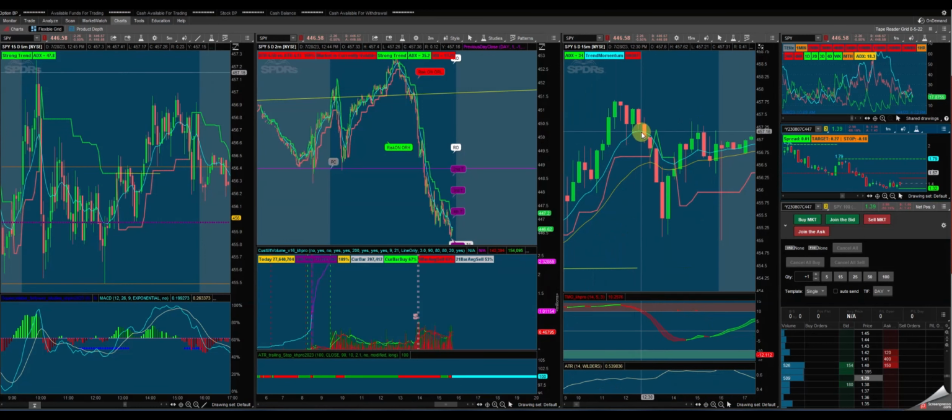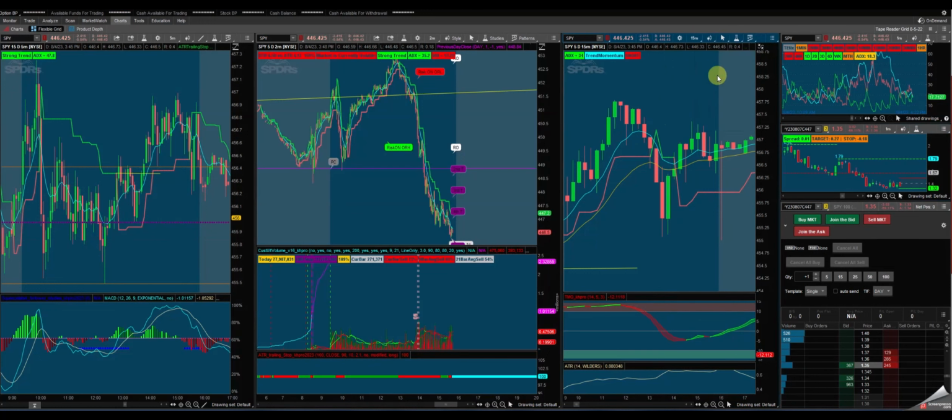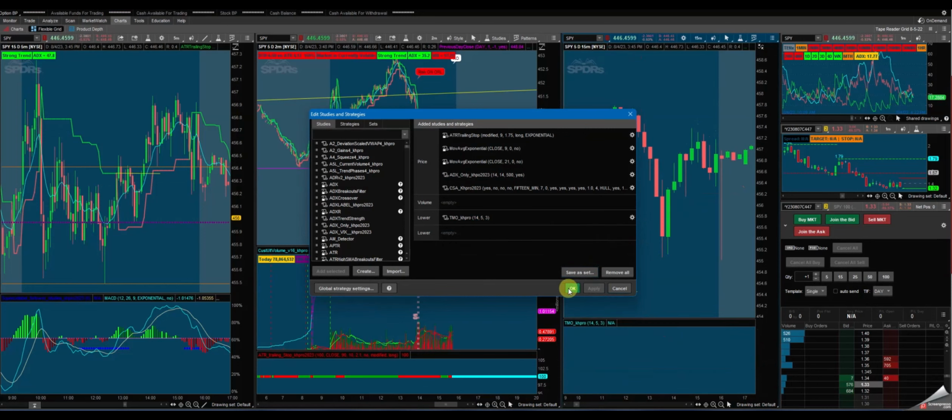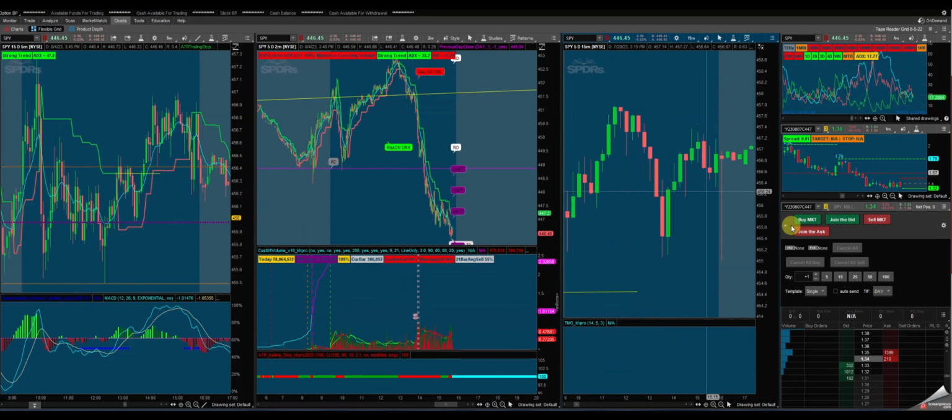So if a move is heading either up or down, this doesn't tell you anything to do with direction. So this has a pretty decent sized move down, and you can see ATR is climbing up. That just gives you more conviction of the trade. This actually shouldn't even be on there. I always have a random study in the 15-minute that I'm always trying out. But anyway, that's the 15-minute.